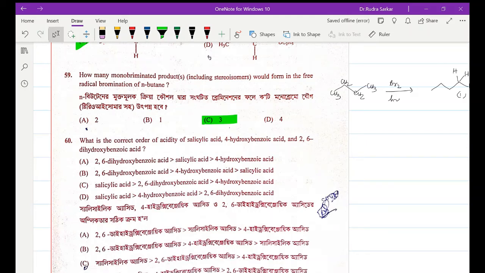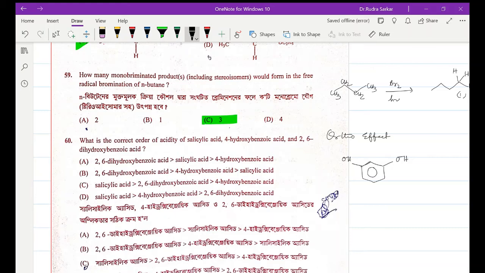Correct order of acidity of salicylic acid, 4-hydroxybenzoic acid and 2,6-dihydroxybenzoic acid. So over here the question is regarding the ortho effect, and we know as we keep increasing the groups in the ortho position, we increase the acidity.